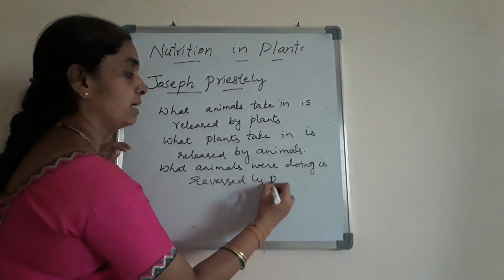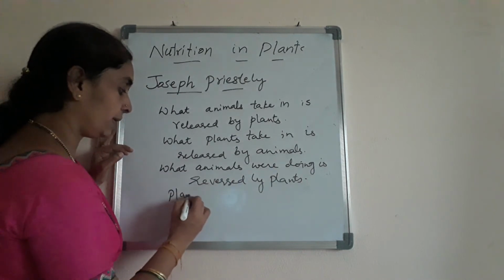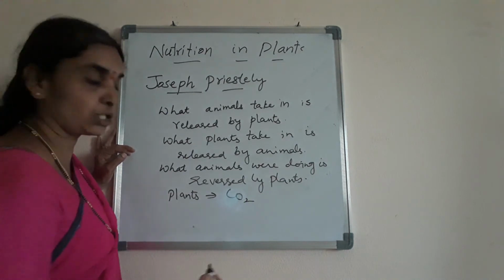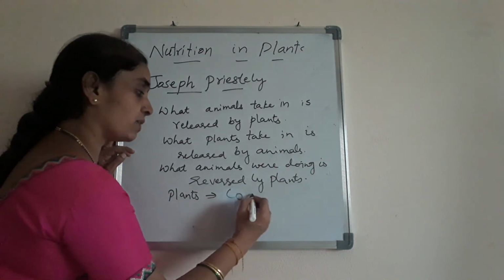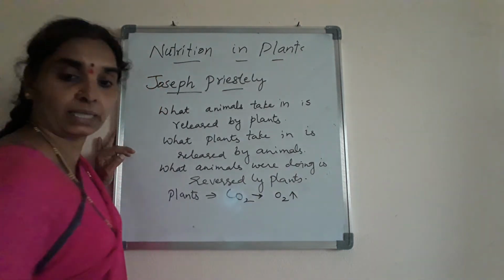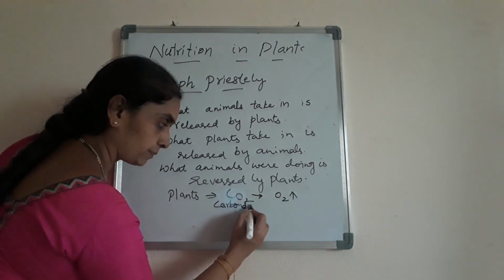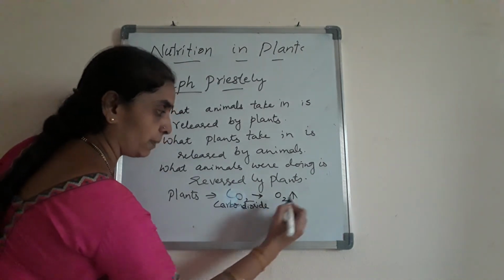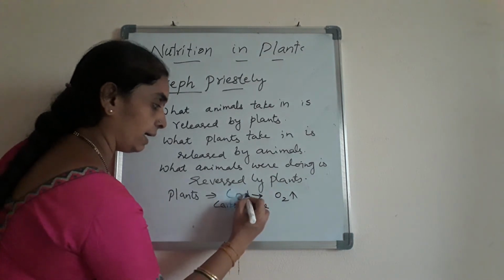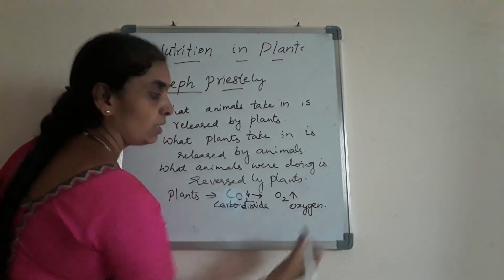Did you understand? So what are the plants taking in? Plants are taking in carbon dioxide. They use carbon dioxide for the preparation of food. Whereas they release, what do they release? Plants release oxygen into the atmosphere. Plants take in carbon dioxide and release oxygen.